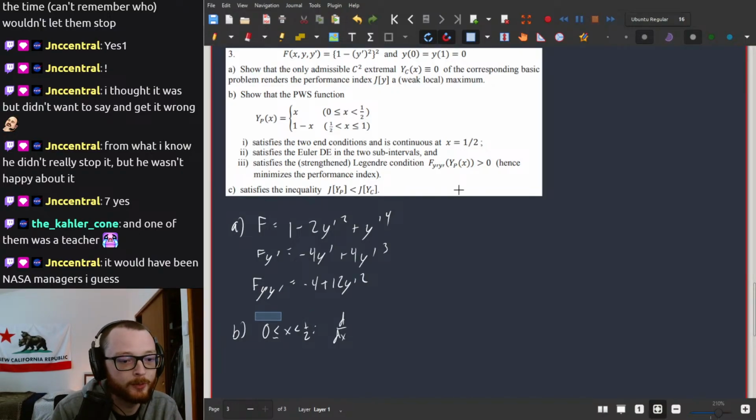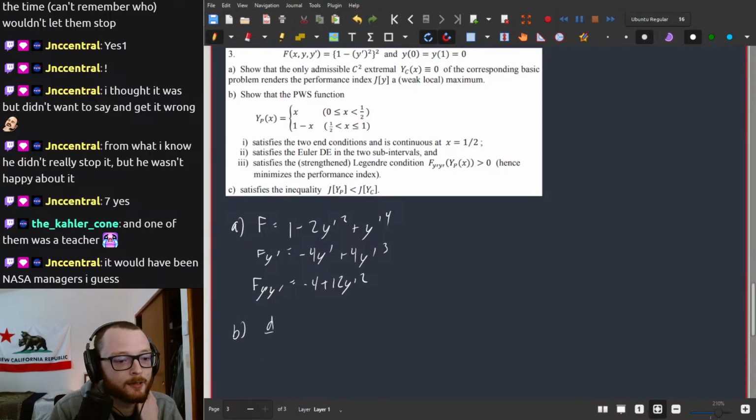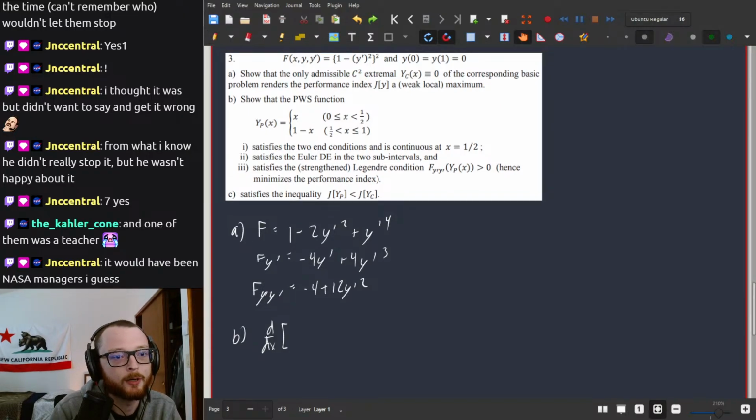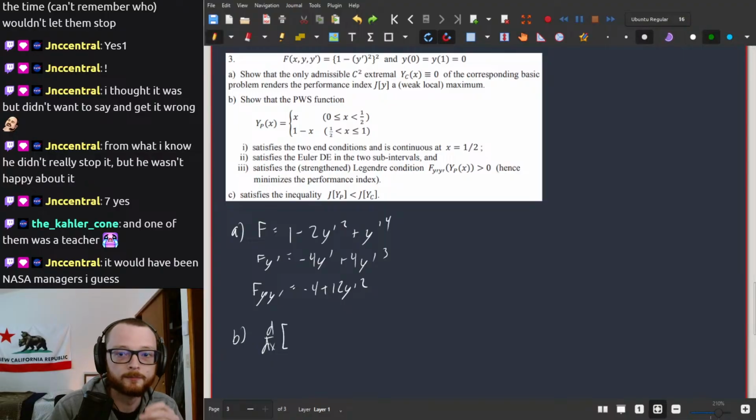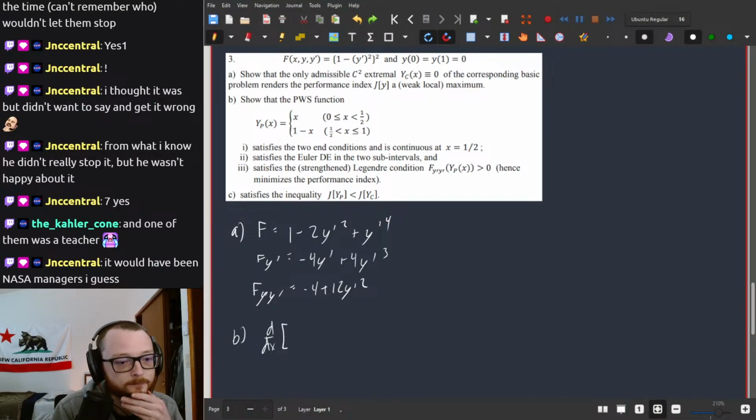Oh, actually, we don't need to do intervals yet. d by dx of the partial of that thing with respect to y prime, which I already calculated there, 4y prime cubed, is equal to the partial derivative of f with respect to y, but there's no y, so we just set it equal to 0.